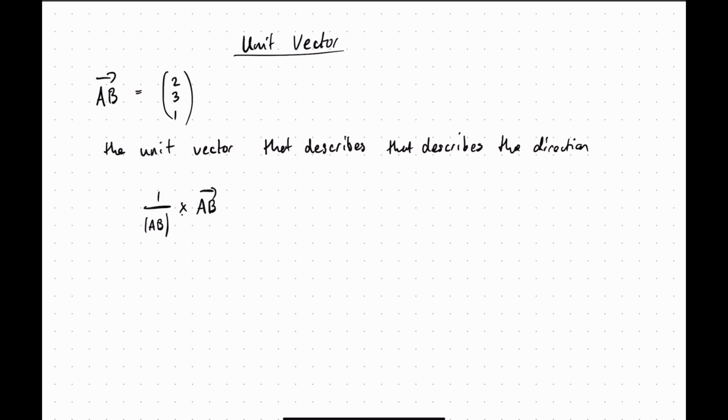For AB, which is 2, 3, 1, you'd do 2 squared plus 3 squared plus 1 squared to get the magnitude of AB, square root it, 4, 13, 14, so we get root 14. So the unit vector would be 1 over root 14 times 2, 3, 1.